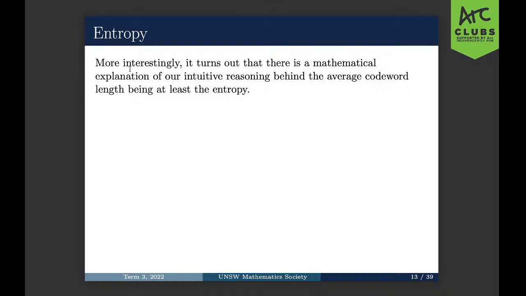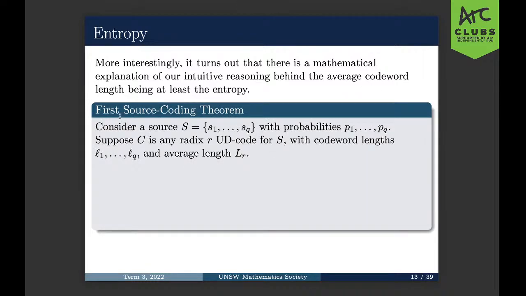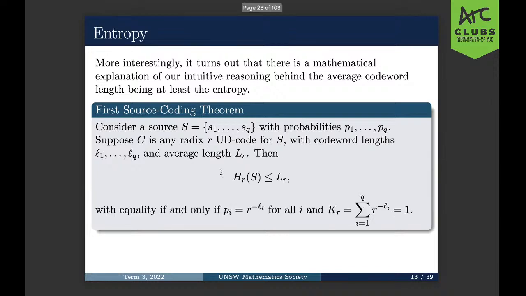But yeah. Okay, so more interestingly, there's actually a mathematical explanation of the reasoning that we had before behind the average code length being at least the entropy. And this is called Shannon's first source coding theorem. If you have a source with q symbols, probabilities P1 to Pq, and if you have C as any radix r uniquely decodable code for S with code word lengths L1 to Lq and average length Lr, you actually get that the entropy is less than or equal to the average length of the code.